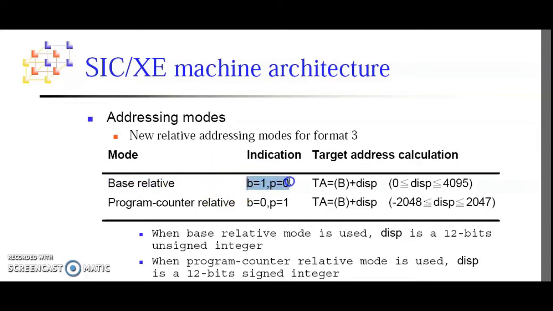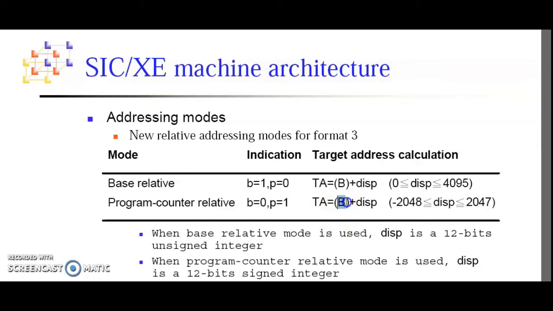In that we consider the bits B and P. If B is equal to 1, it is base relative. The target address is computed as TA is equal to B plus displacement, where the displacement value is between 0 and 4095. In case of program counter relative, B is equal to 0 and P is equal to 1. The target address is TA is equal to PC plus displacement. Here a mistake was made, so correct it.